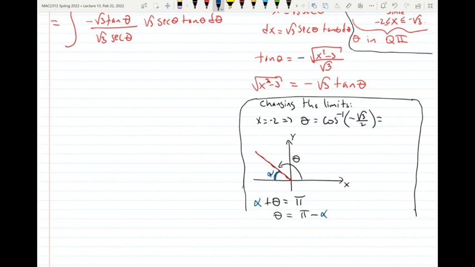If you know the reference angle and I want the cosine of theta, I could do cosine of alpha, but then I have to make it negative. Let's say alpha is pi over 6. Cosine of pi over 6 is square root of 3/2. So cosine of theta will be negative square root of 3/2 because it's in quadrant 2. The cosine is expected to be negative here.